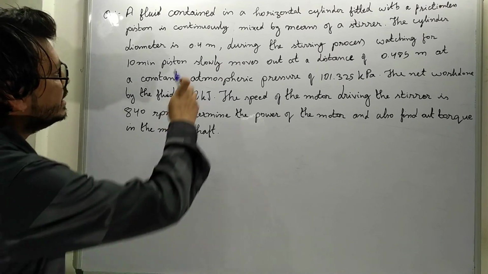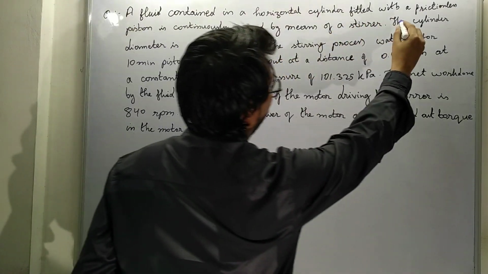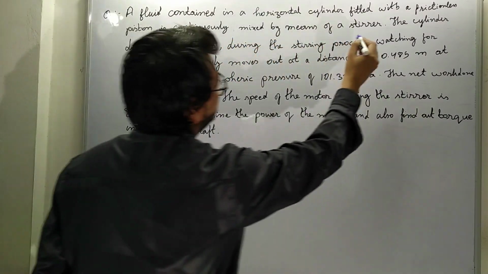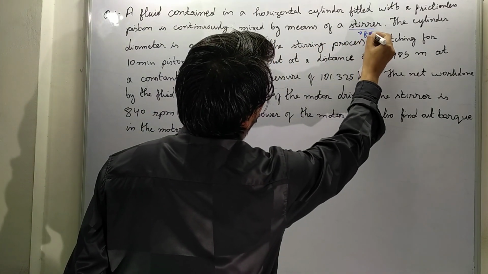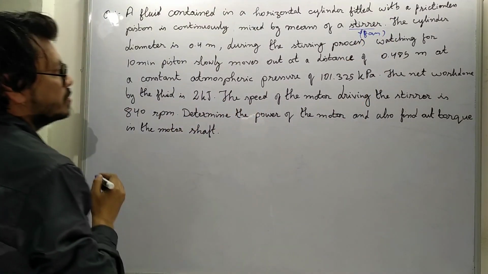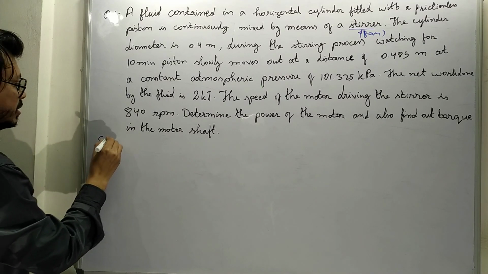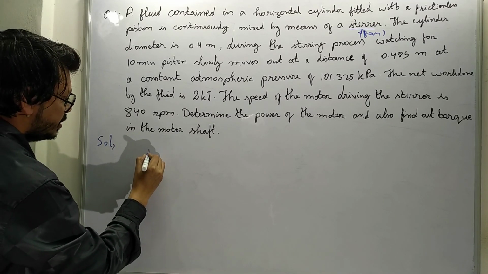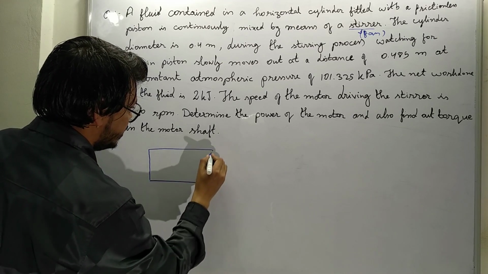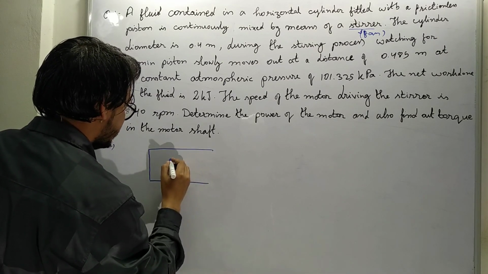So a fluid contained in a horizontal cylinder fitted with a frictionless piston is continuously mixed by means of a stirrer, that is a fan. So let's draw the diagram. This is a frictionless piston cylinder arrangement.